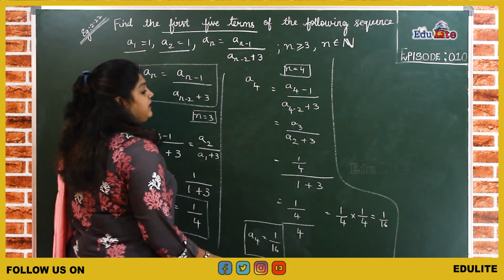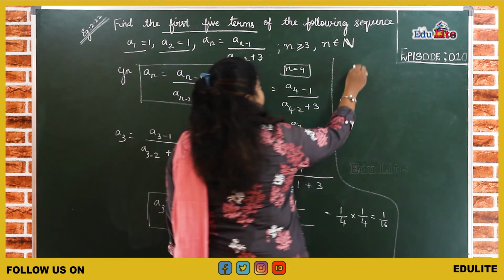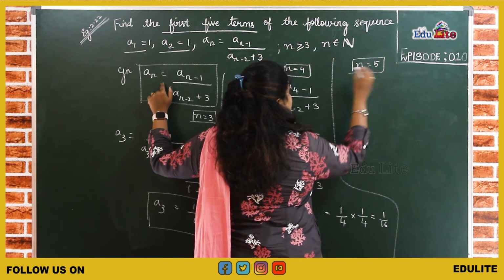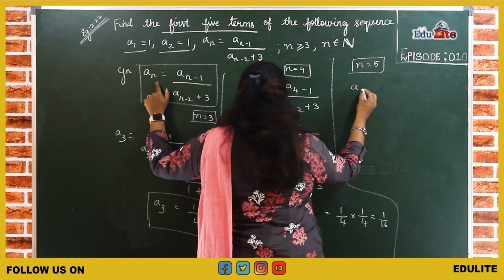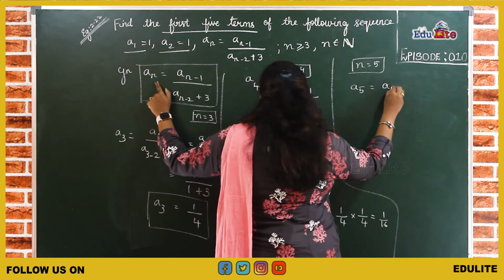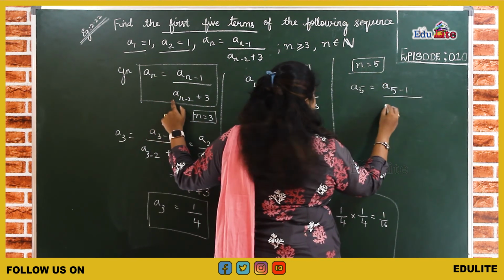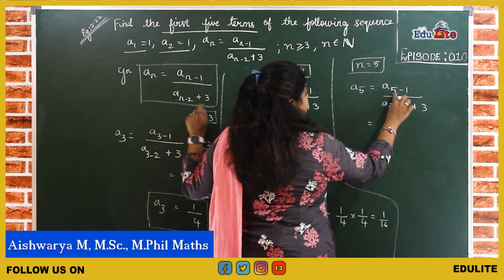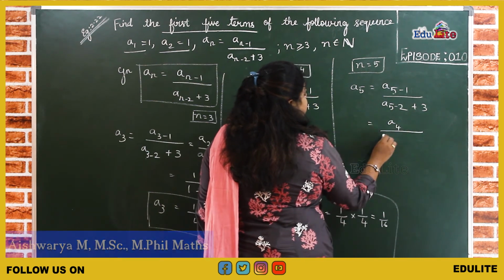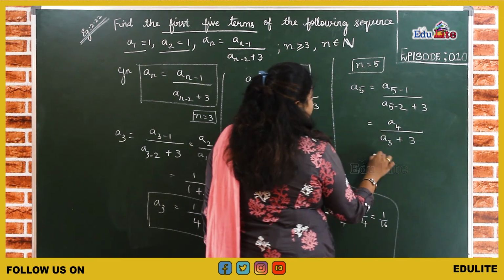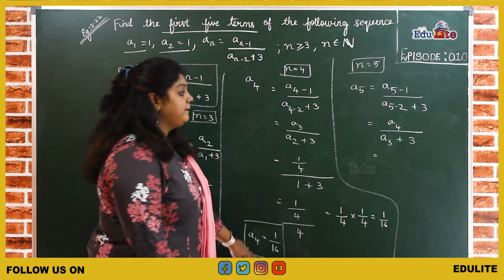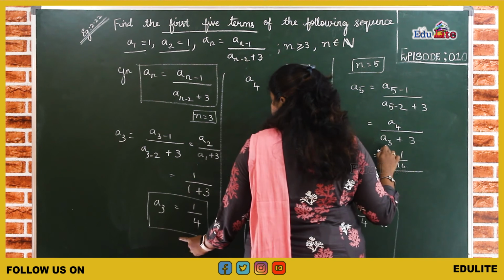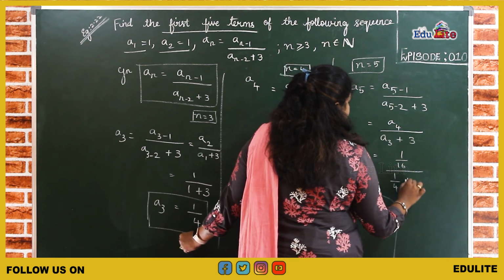So, with this we can find out the fifth term by substituting n is equal to 5 in the general sequence. So, n is equal to 5, if I substitute, I will get a5 equals a5 minus 1 by a5 minus 2 plus 3. So, a4 by a3 plus 3. We know the value of a4 is 1 by 16. Substituting it, a3 value is 1 by 4 plus 3.